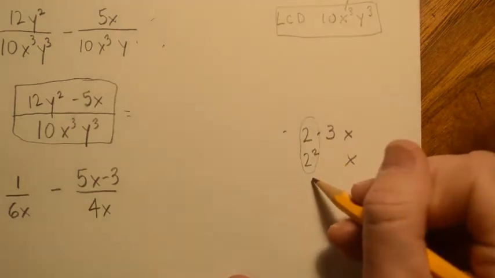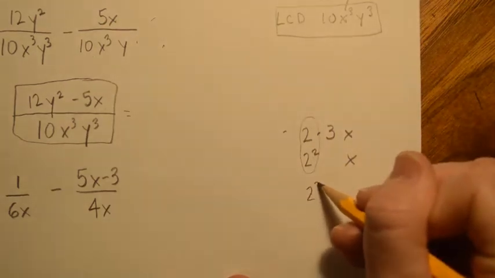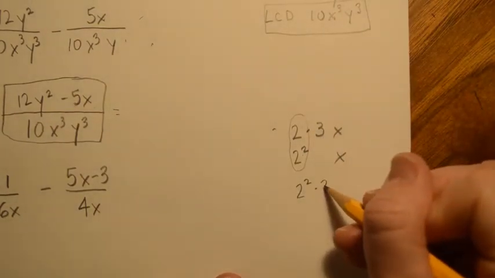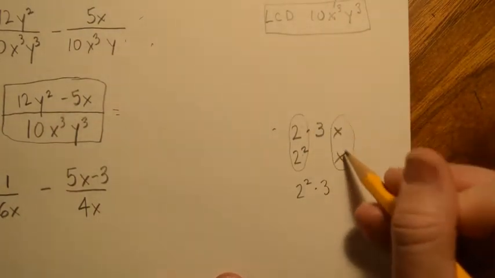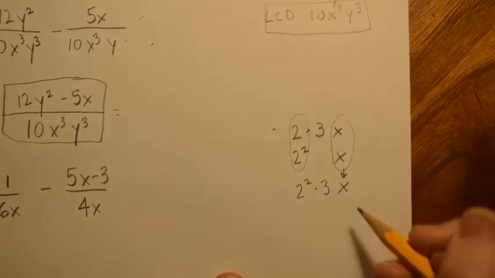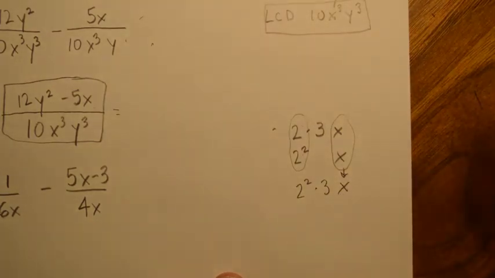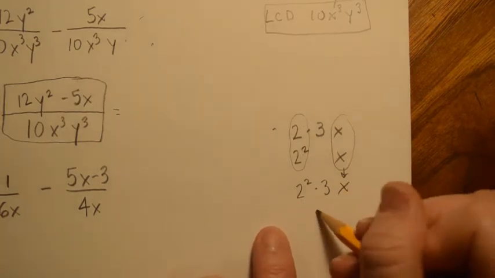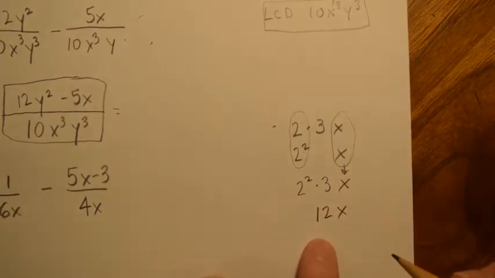So here of 2 and 2 squared, I'm going to take the larger, which is 2 squared. For the 3, I have no choice, I just have to take the 3, and we have this common x, so we're going to just bring that down. When we multiply all this out, 4 times 3 is 12, and then times x, so our LCD is 12x.